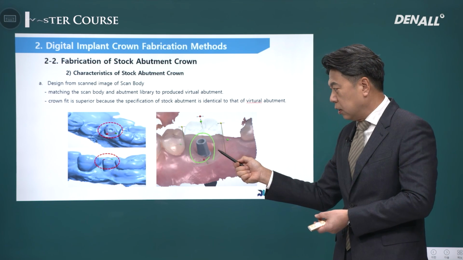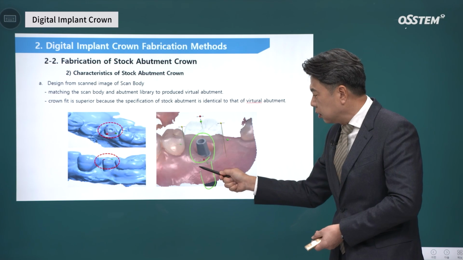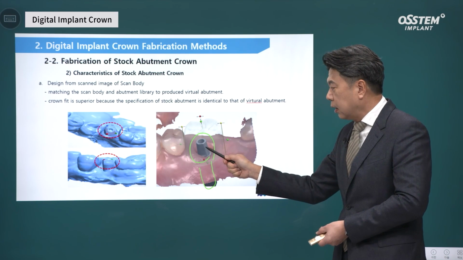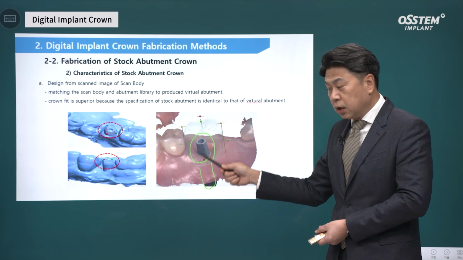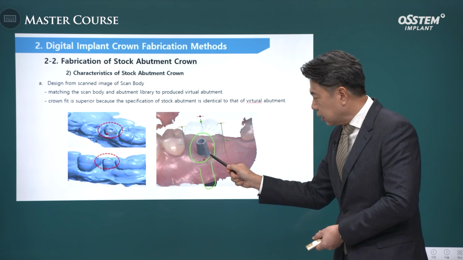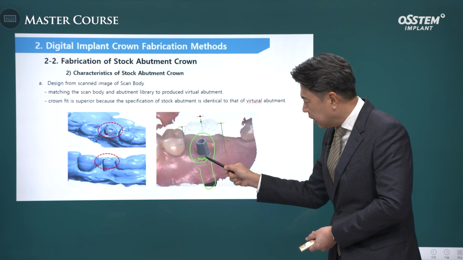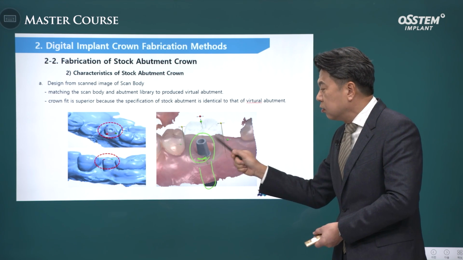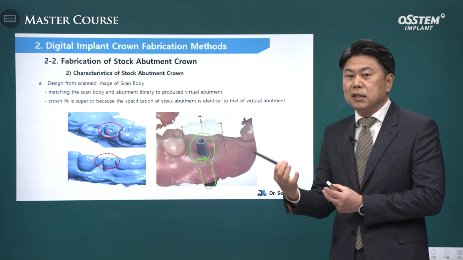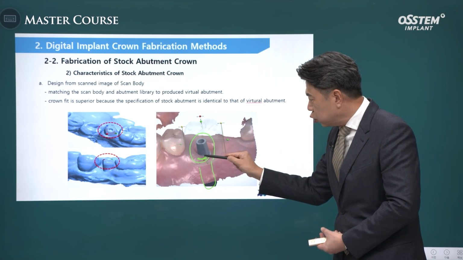It's because the digital data is superimposed over the digital abutment, so it looks very clear compared to the direct impression taking. Here, the margin is not visible clearly because it is digital data, but the margin is clearly identified even though it is not visible.